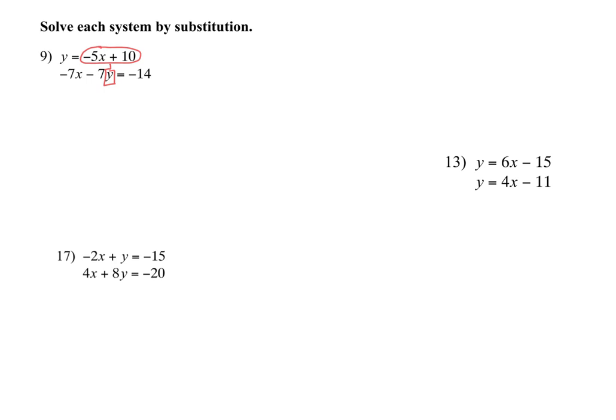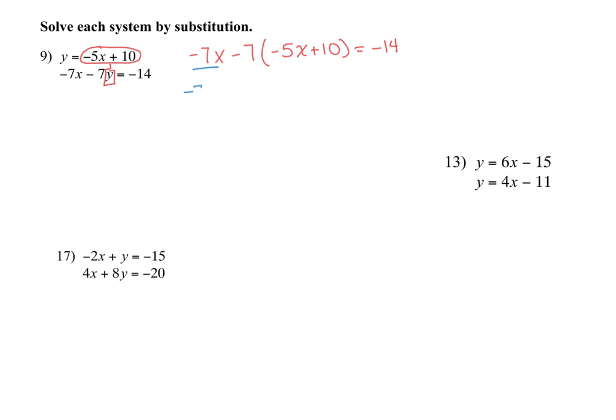So I'm going to take that second equation, negative 7x minus 7y, but instead of writing y, I am going to write what y equals from the other equation. And then I'm going to finish this equation, negative 7x minus 7y equals negative 14. So that is substituting. I have substituted that whole group into the second equation, and now I'm ready to solve.